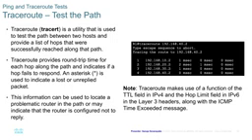Traceroute. The traceroute is basically to test the path. Traceroute or tracert is a utility that is used to test the path between two hosts and provide a list of hops that were successfully reached along that path.